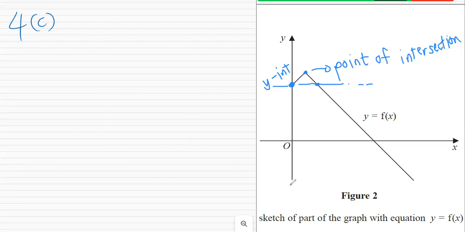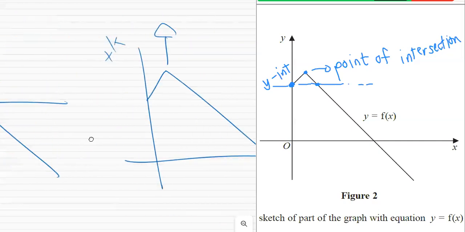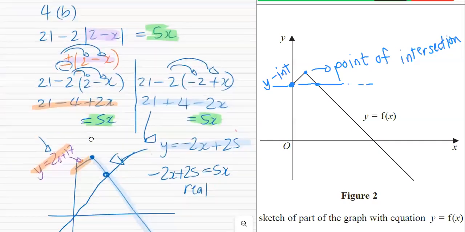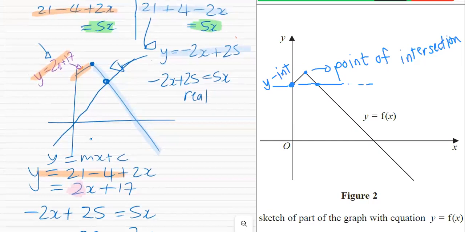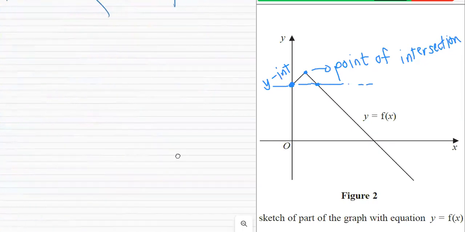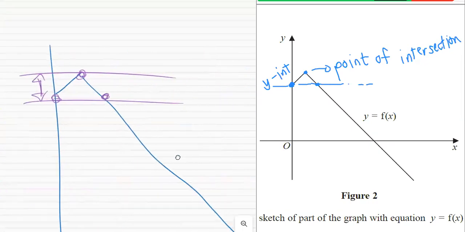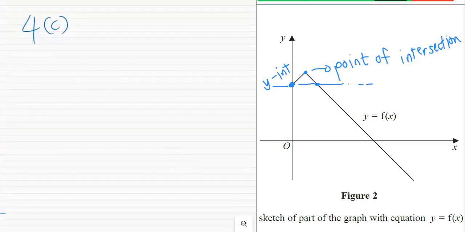So let's look at the y-intercept first. The y-intercept is where the positive gradient graph meets the y-axis. Just grab that off my page. So we had, here we go, 2x plus 17. Maybe you can already see that in your head, y equals 2x plus 17.